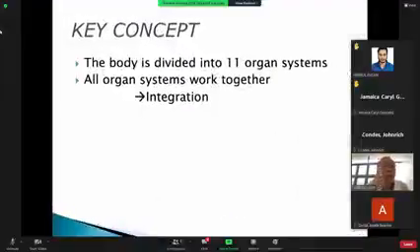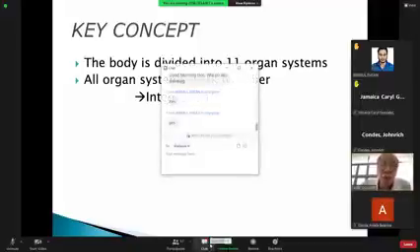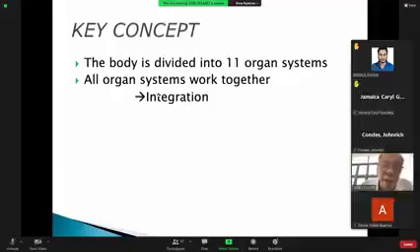So the key concept: these 11 organ systems work together and are integrated into a particular functional human body, and that is a very, very complicated system, because physiology is an integration of body functions. That's why when you discuss medicine, when you discuss a disease, you don't only refer the disease to one organ or one tissue, but integrate it as a whole.